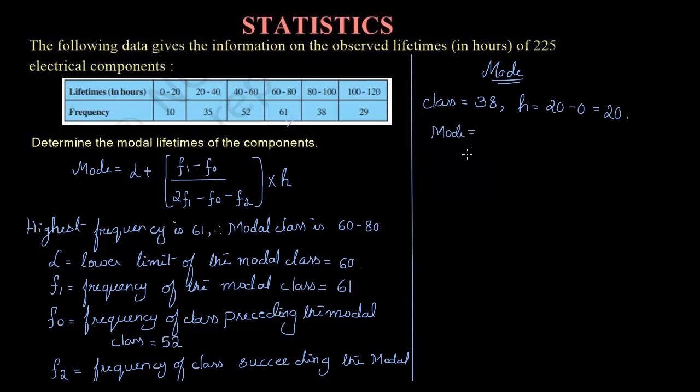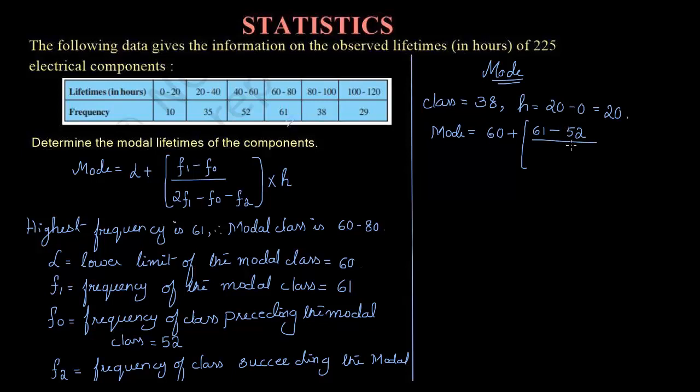Mode is equal to, what is the value of L we have got? L is 60 plus F1. F1 we have got here 61. So let me write that 61 here. Then minus F0. What is the value of F0 here? We have F0 52. Right.